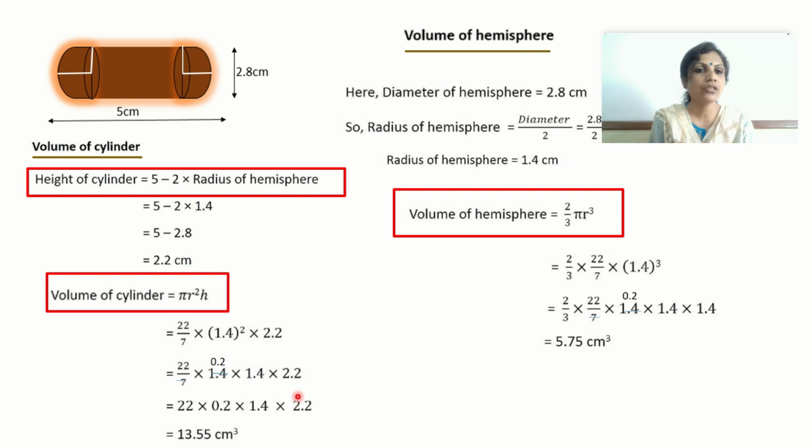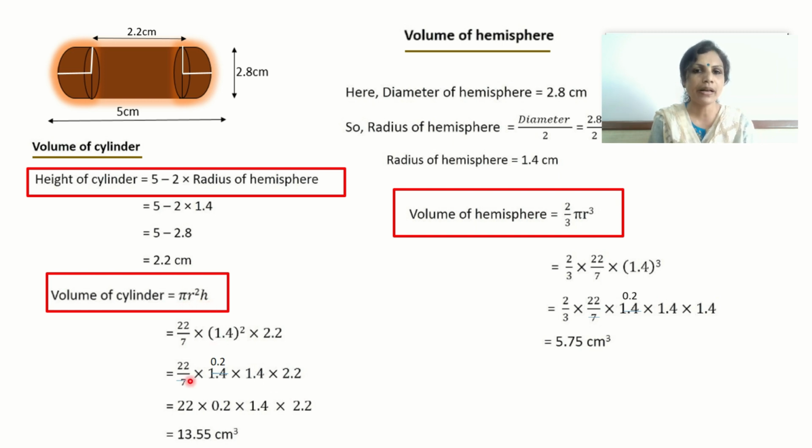So 5 minus 2 into 1.4. 2 into 1.4 is 2.8. So 5 minus 2.8, that is equal to 2.2 centimeter, which is the height of the cylinder. Understood?